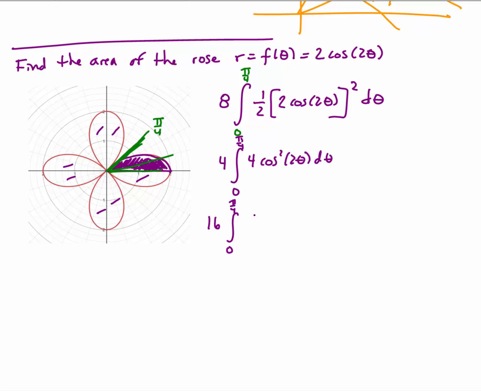Cosine squared of 2 theta is equal to (1 plus cosine of 4 theta) all over 2. 16 halves is 8, so I can keep pulling out those coefficients. So I have 8 times the integral of (1 plus cosine of 4 theta) d theta, and this is from 0 to pi over 4.